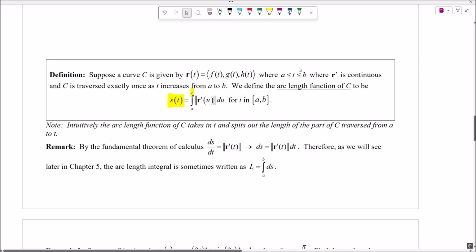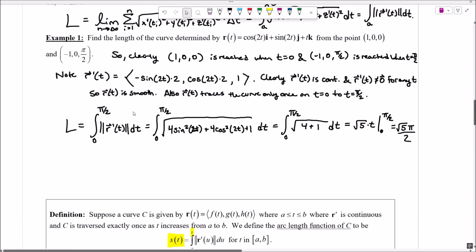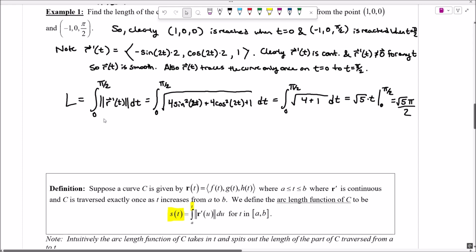So essentially the arc length function can be thought of as doing exactly what we did in the last example, but just saying, what if instead of having an upper bound that was established, I didn't have that? What if that was yet to be determined? Could I still set up and do a full arc length calculation? Well, kind of. I should be able to do that.